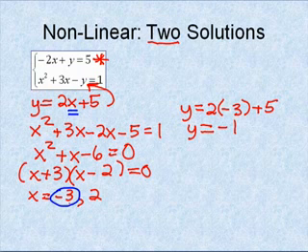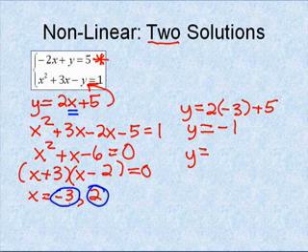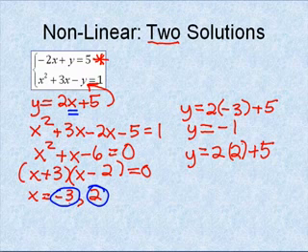Now let's go ahead and do the same thing with +2. So y equals 2 times 2 plus 5. So that means when x is 2, y is going to equal 9.